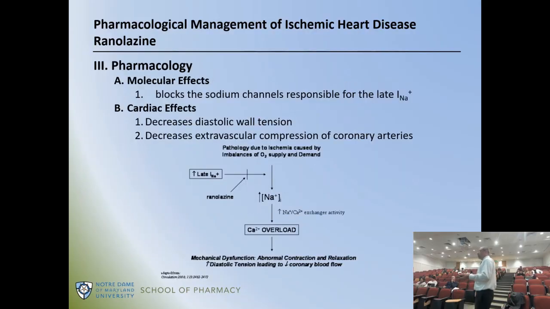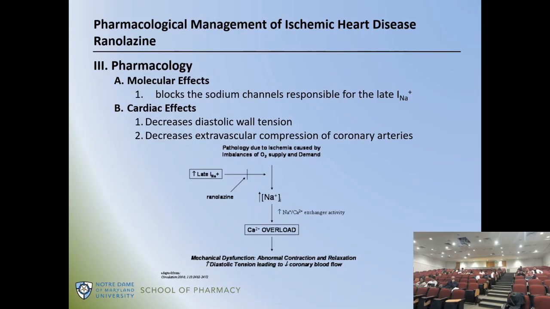And so what ranolazine can do is it blocks the late sodium current, right? It will reverse the calcium overload, okay? And again, reverse some of this mechanical dysfunction that we just talked about, okay? Returning the heart to a more normal contraction and relaxation cycle, okay?